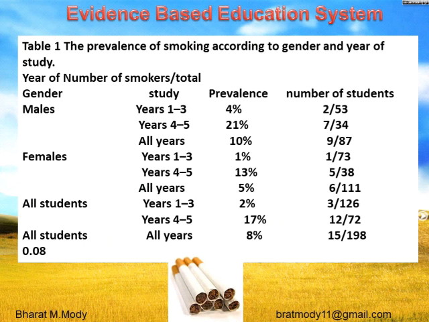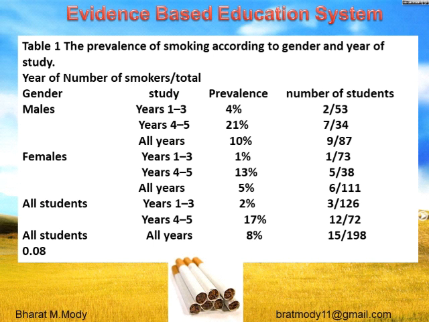You can also, when you do it in the first 3 years and then the 4th and 5th year, compare between the years. For example, males were smoking much less in the first 2-3 years, but increased to 21% in the 4th and 5th year, whereas in the females also the same increase could be seen.